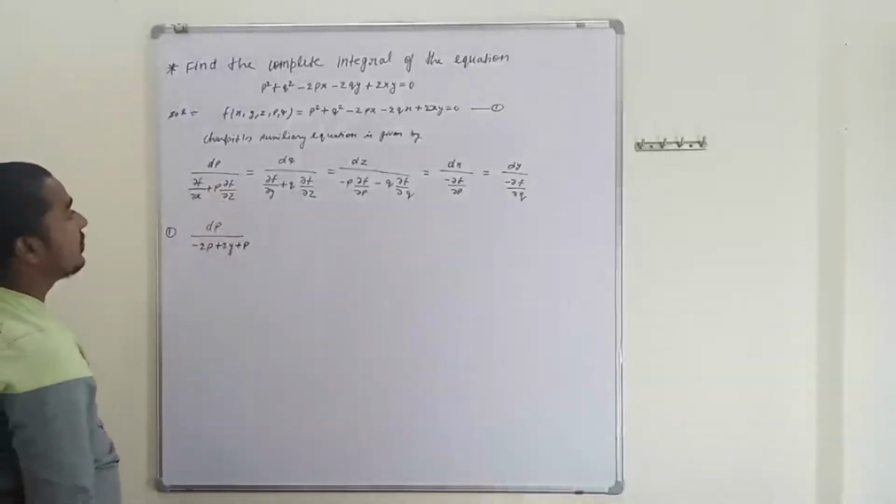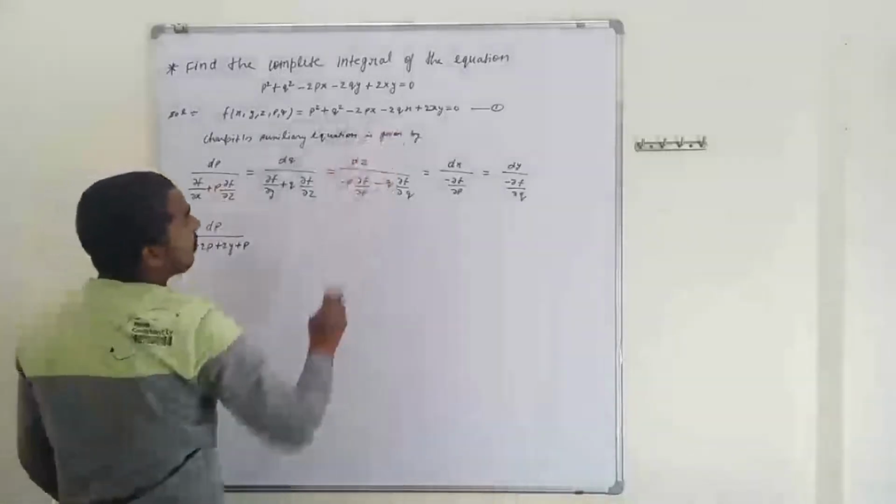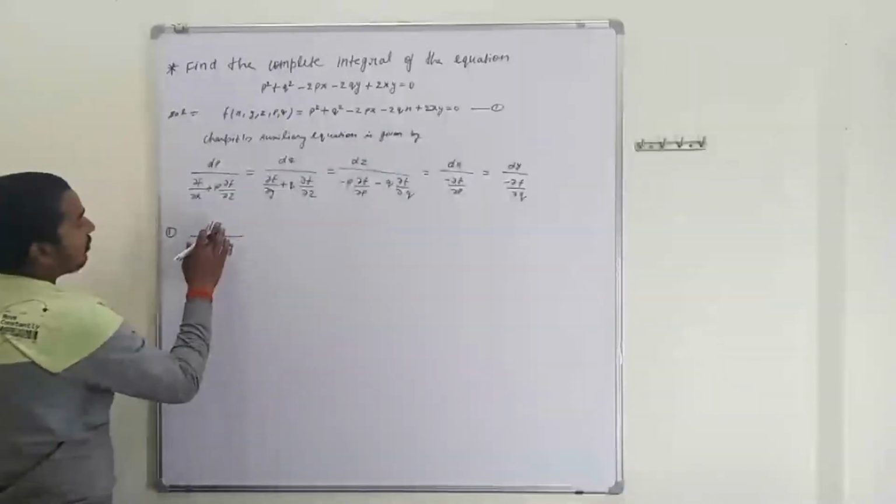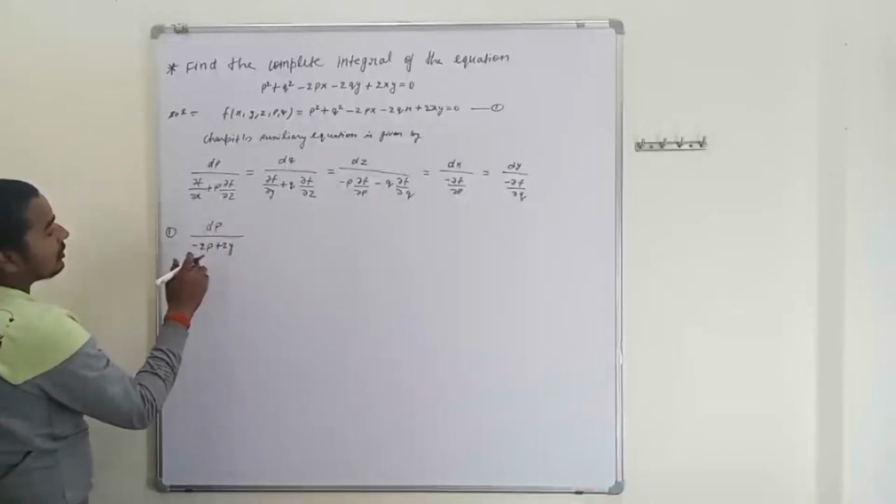Here the coefficient of z is not present, so it becomes 0. Then the required dp upon minus 2p plus 2y.